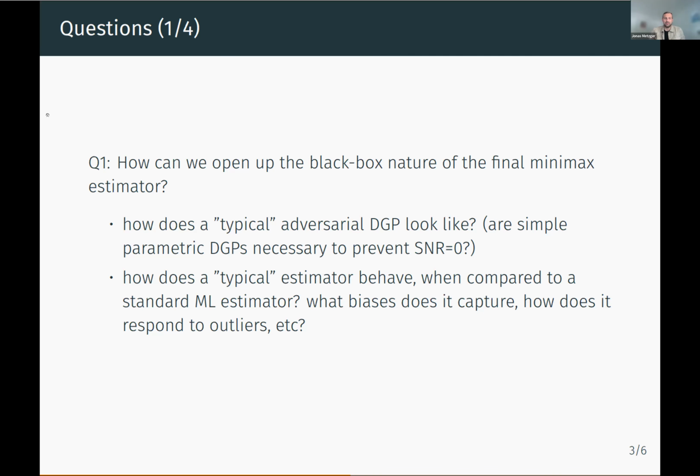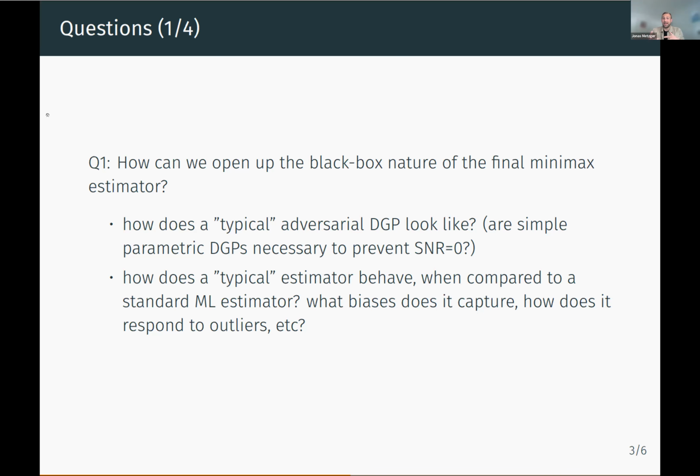Is there a pattern to that? Do we really need very simple parametric DGPs in order to prevent them from always diverging to a signal to noise ratio of 0? Or is there some more structure there? And what does this imply for the estimators we end up with?